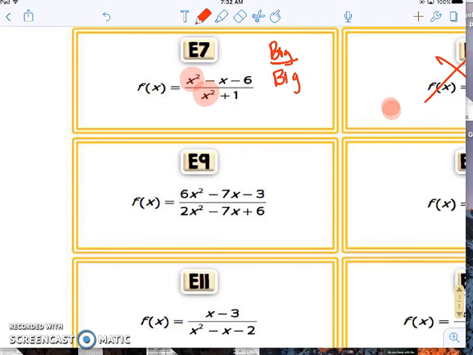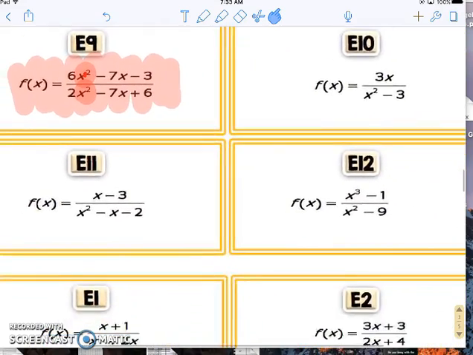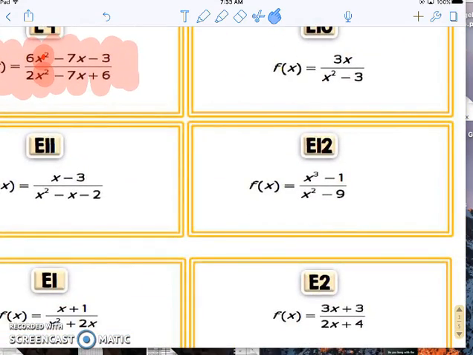So let's go through and see if we can find other big ones over big ones. So this is a big over big. If we look at E9, what's our biggest number? We have x squared and an x squared, so that's the biggest. So this is another big over big. Not this one, because we have an x.